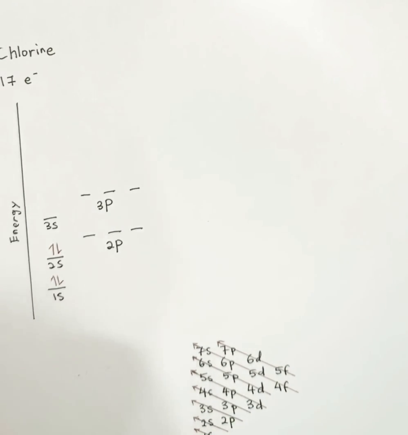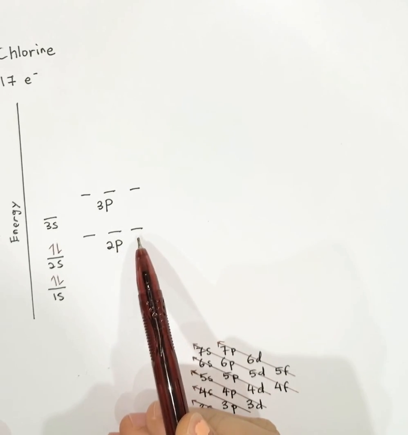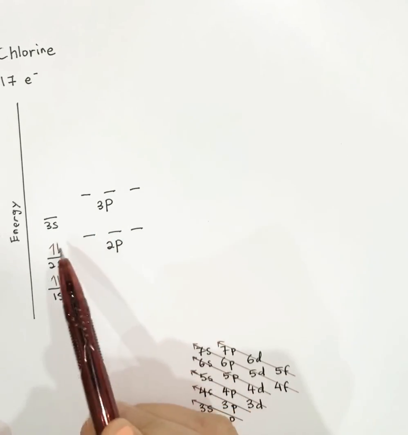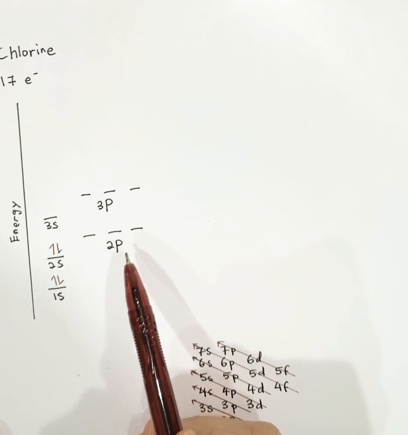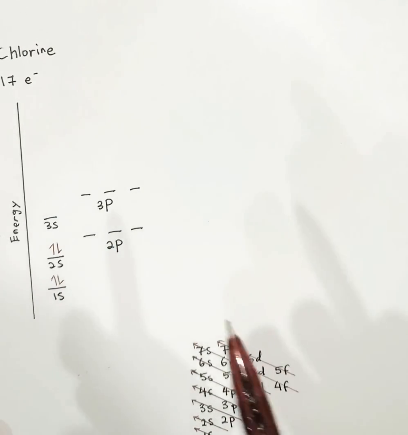Hund's rule states that electrons want to fill orbitals in the same energy level, and this is considered one energy level, singly on their own before pairing up. The same way you would want to sit by yourself if you went on a bus.